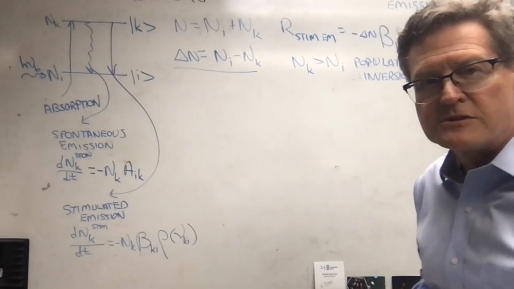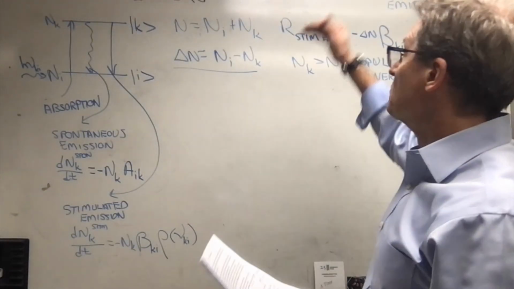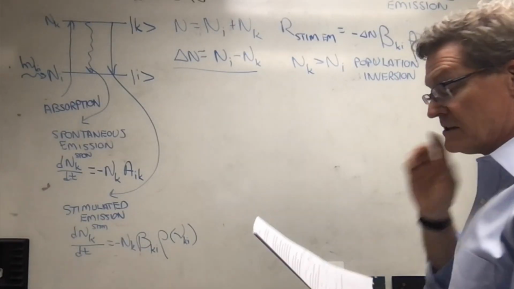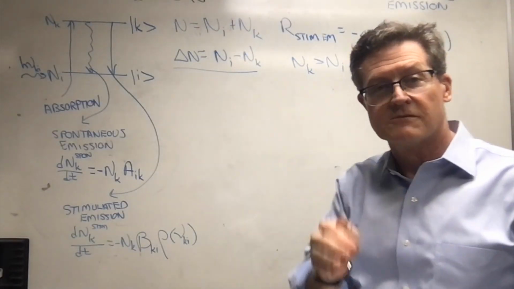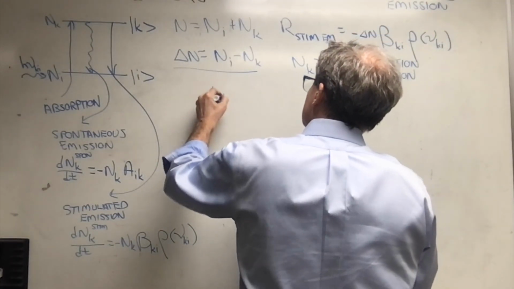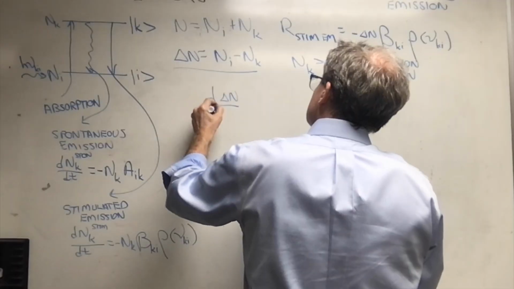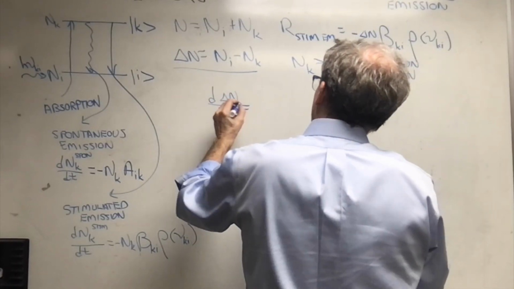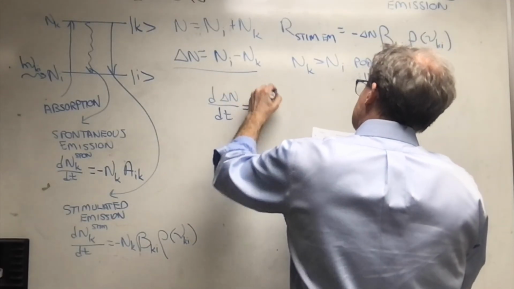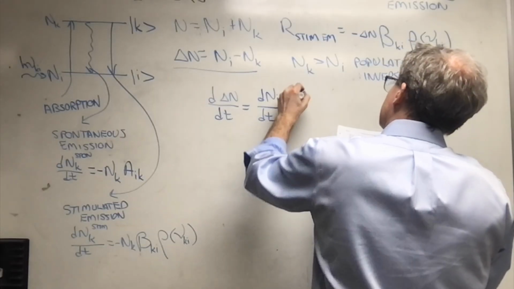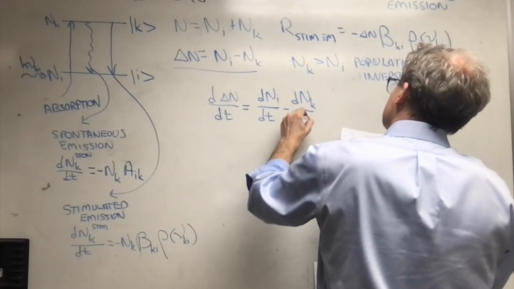It's not what the Boltzmann distribution wants. We need to get more population in the upper state than the lower state. How can we do that? Well, let's take a look at the rate of change of the population as we're driving things up there. Let's take a look at d delta n dt, the population difference, which would just be dNi dt minus dNk dt.